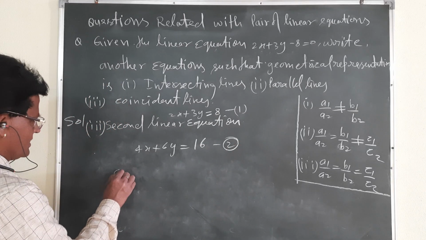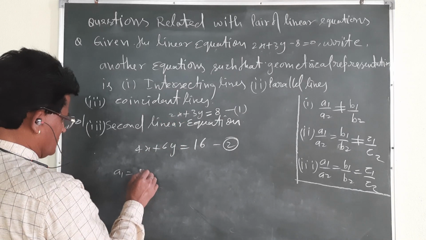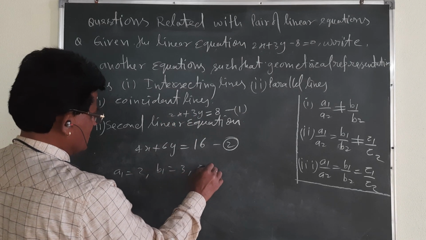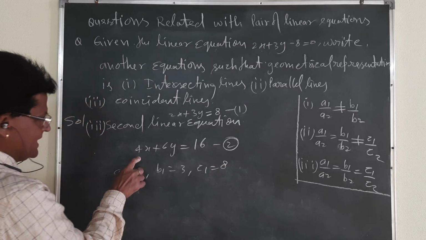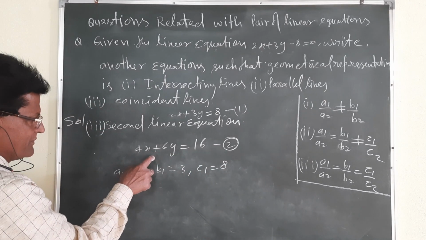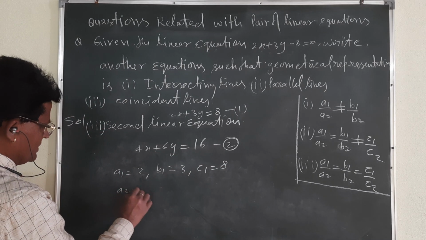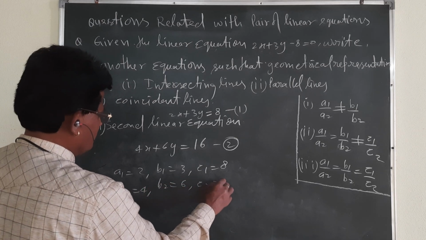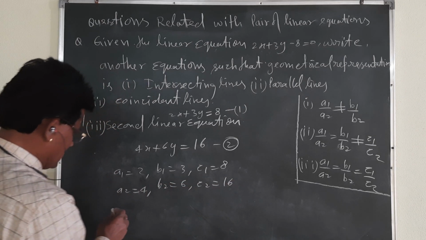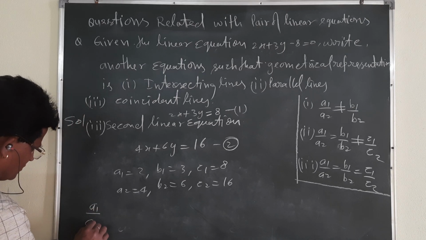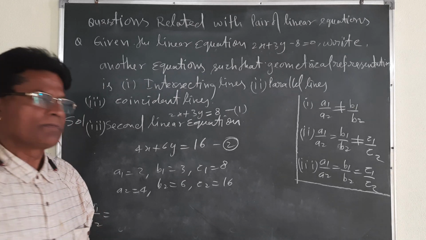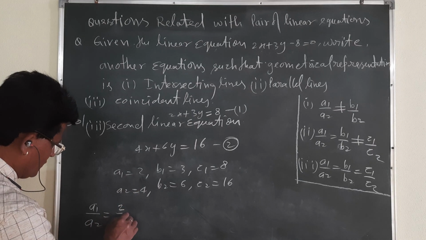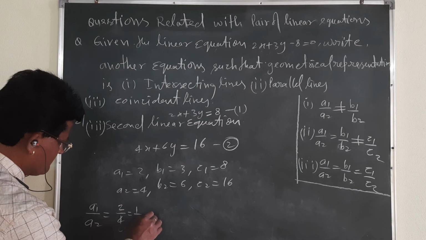Let me take A1 from this one, 2, B1 will be 3 and C1 will be equal to 8. A2 from the equation which you have given, A2 will be 4 and B2 will be equal to 6 and C2 will be equal to 16. Let me calculate A1 upon A2: that means 2 by 4, which is equal to 1 by 2.